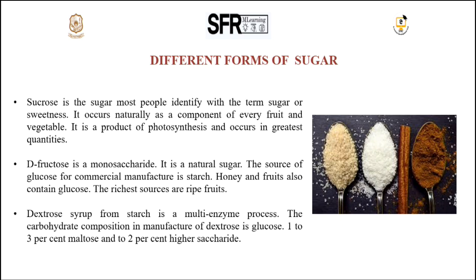And D-fructose. What is fructose? First we saw sucrose. Fructose is a monosaccharide and a natural sugar, and another name for fructose is fruit sugar. The commercial source of glucose manufacture is starch. Honey and fruits also contain glucose and fructose.